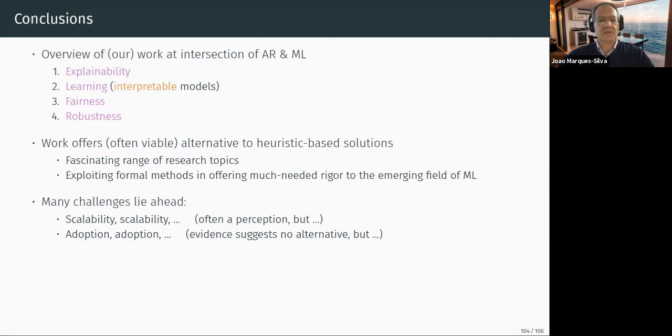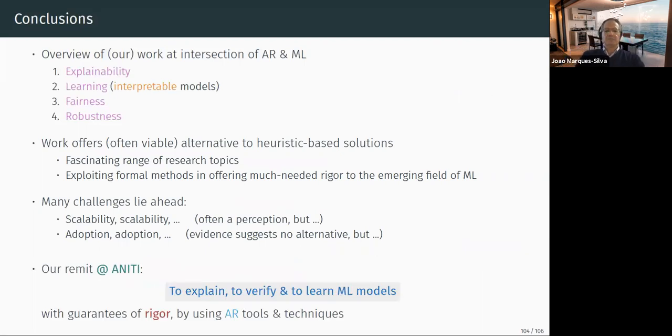So this is just the conclusions, and we have 10 minutes for questions. Feel free to ask questions. This essentially summarizes the final slide. I covered mostly this one, mentioned a little this one, and mentioned this one.